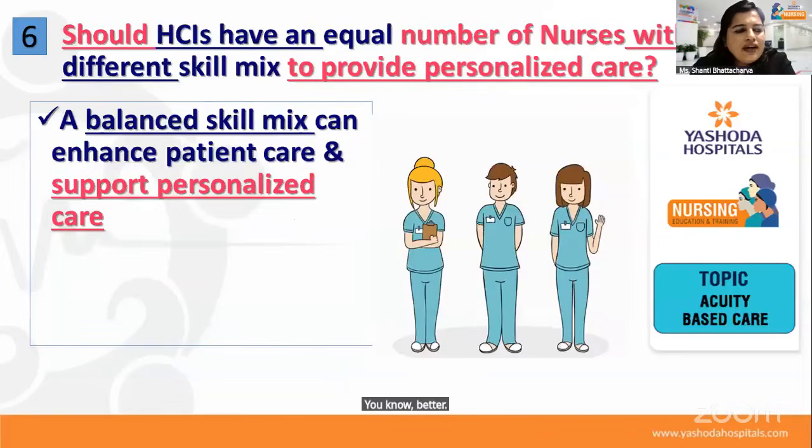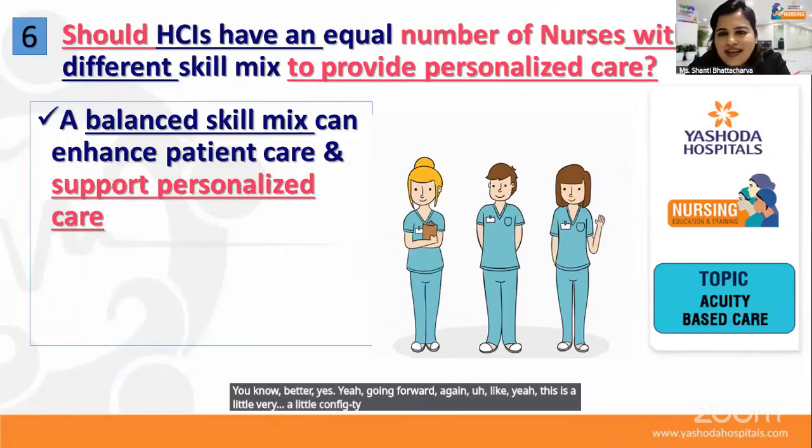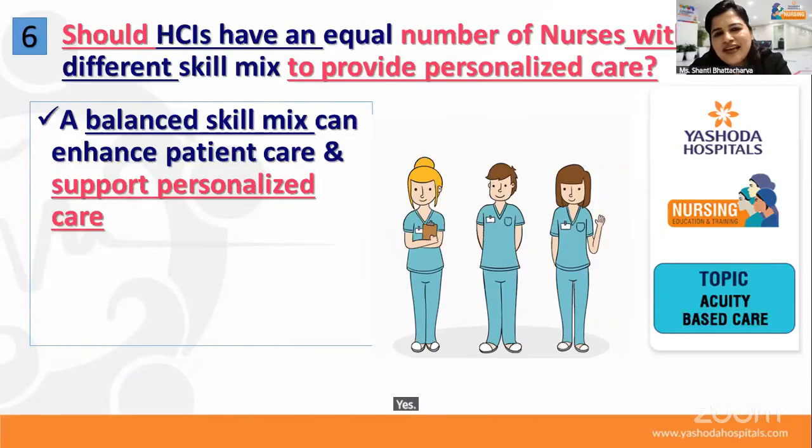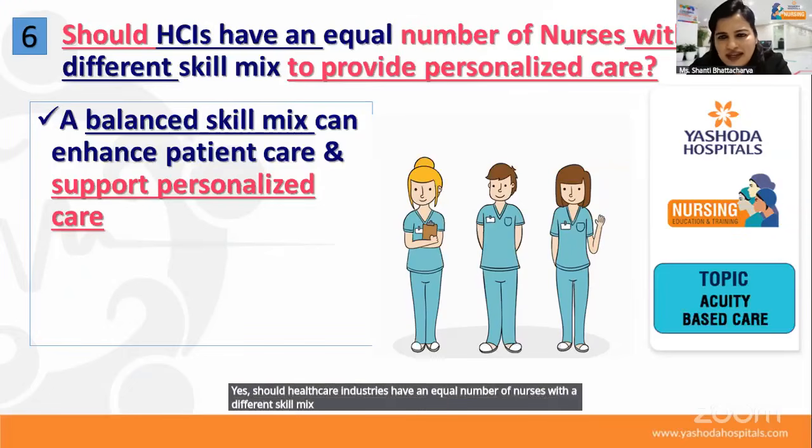Going forward, this is a slightly conflicting insight I am going to ask Shrivani. Should healthcare industries have an equal number of nurses with a different skill mix to provide personalized care? This is very challenging, but we all would like to understand from you.